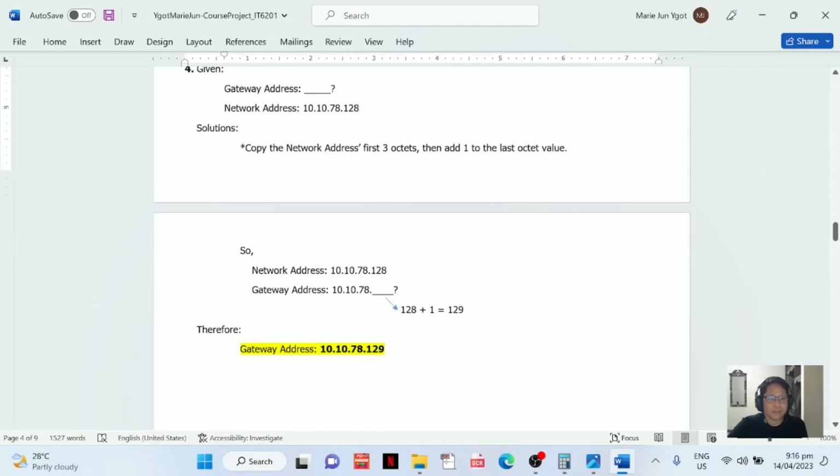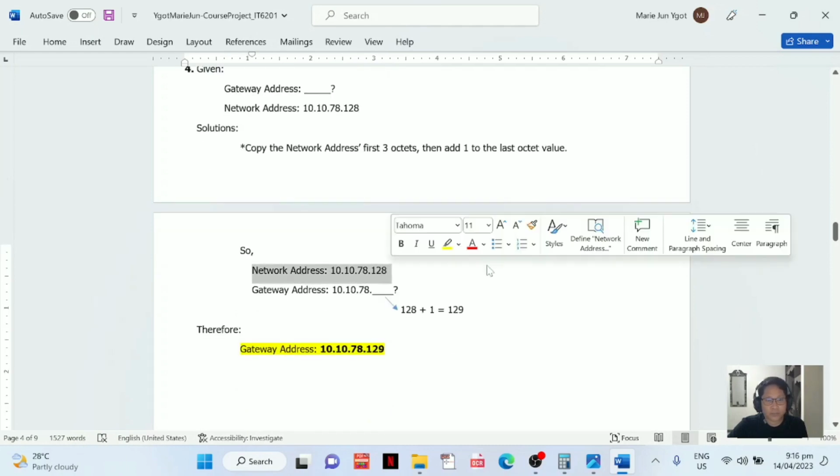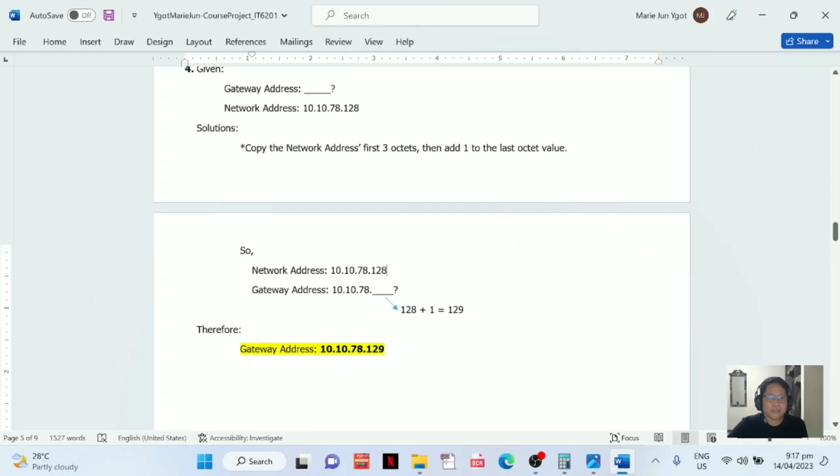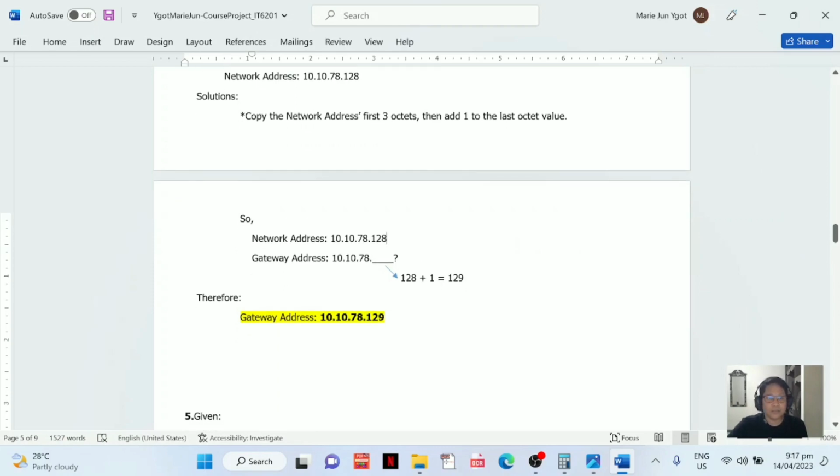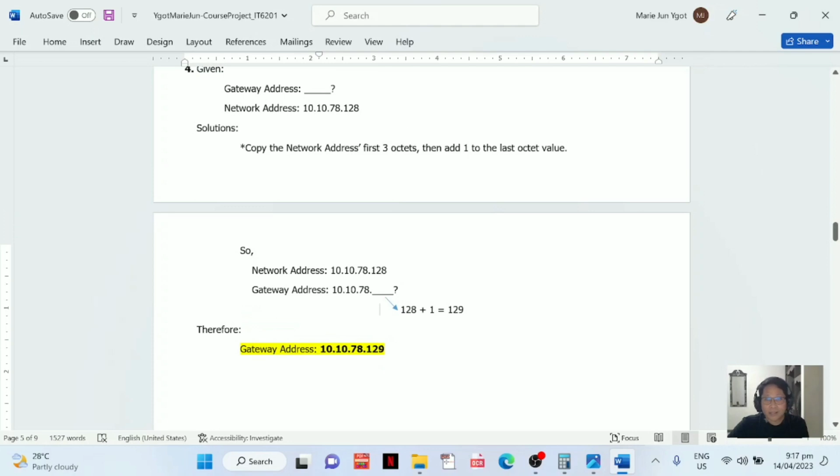So meaning, if this is our network address, 10.78.128, we only need to copy the first 3 octets. So that's why we have 10.10.78 blank. Again, to the last octet we are going to add 1.